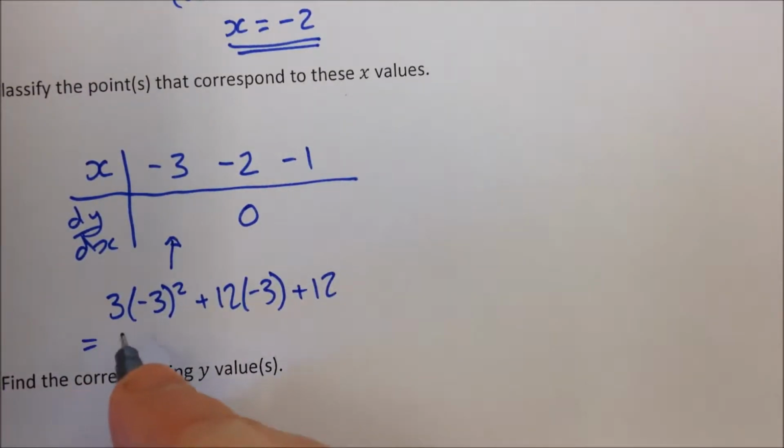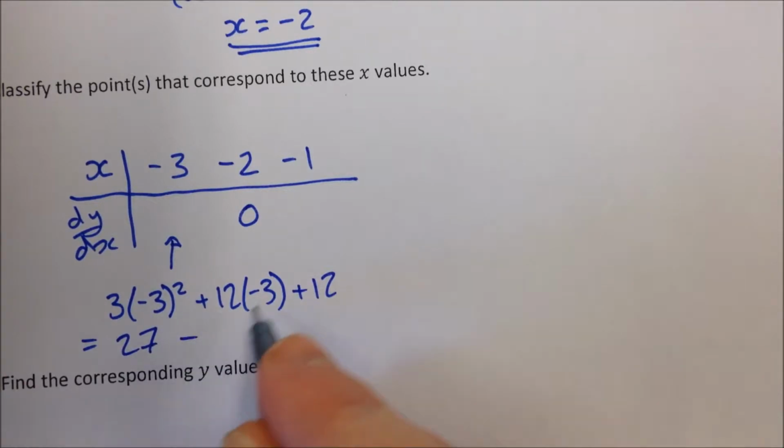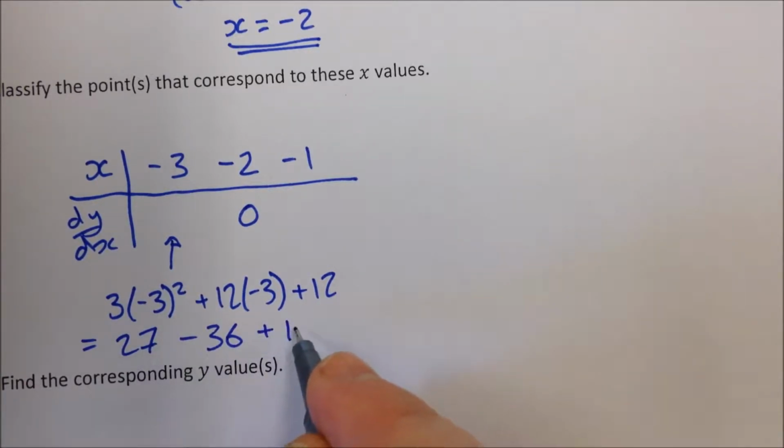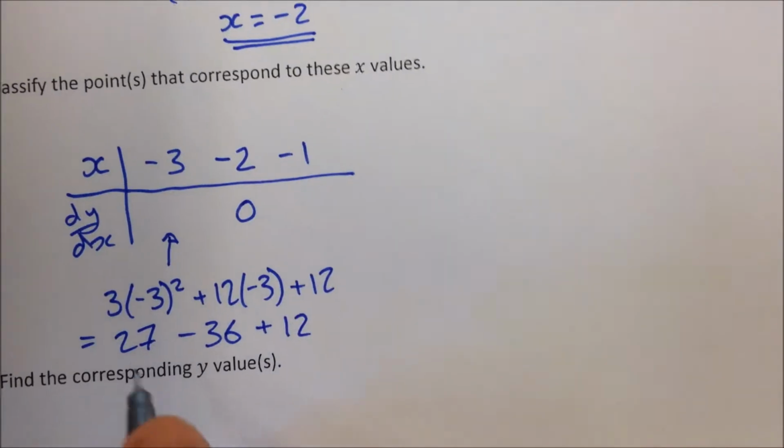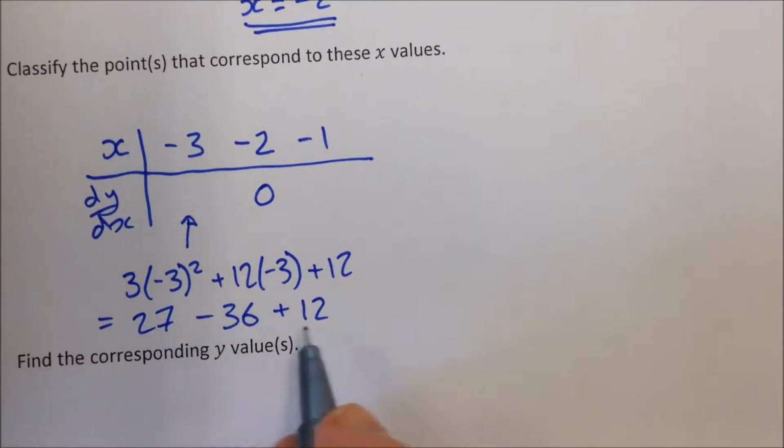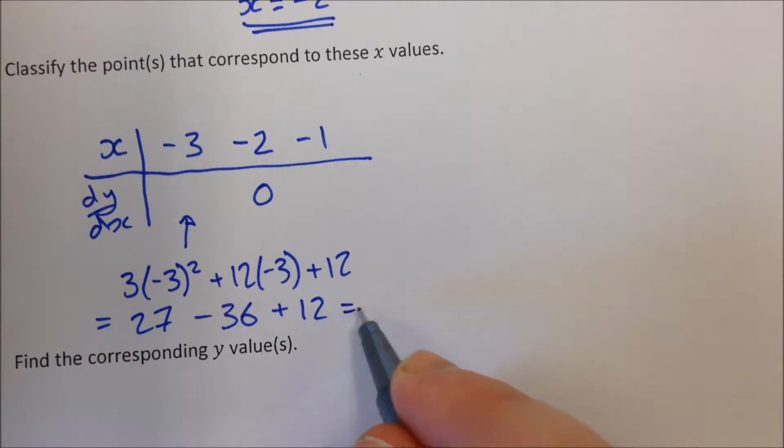So that is 3 lots of 9, 27, take away 36, plus 12. So that is negative 9 plus 12, that is 3.